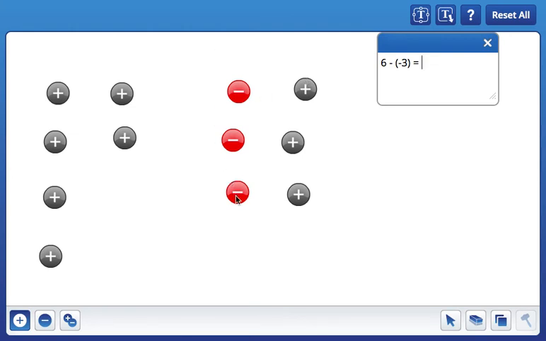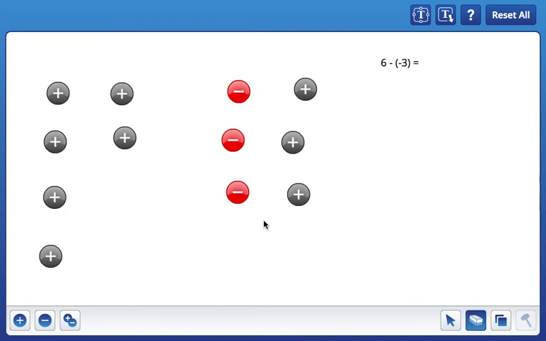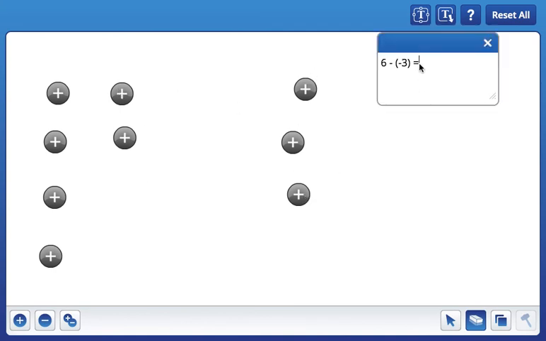We're going to actually subtract these negatives. Let's use the eraser to do that. Bing, there goes one, bing, there goes another. We just subtracted negative 2, and oh, there's another one. We subtracted negative 3. We subtracted 3 negatives, which is the same thing as negative 3. So we just subtracted negative 3, and look what we have left over. Now we have 6, 7, 8, 9. So if we click back up here, we know that 6 minus negative 3 equals 9.